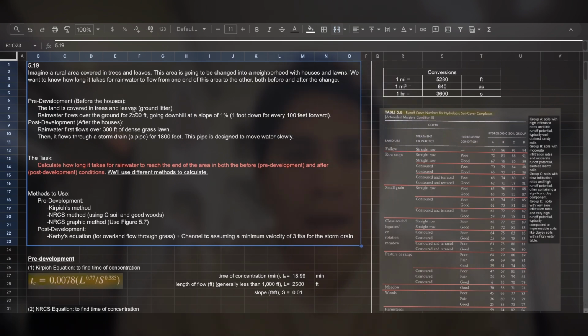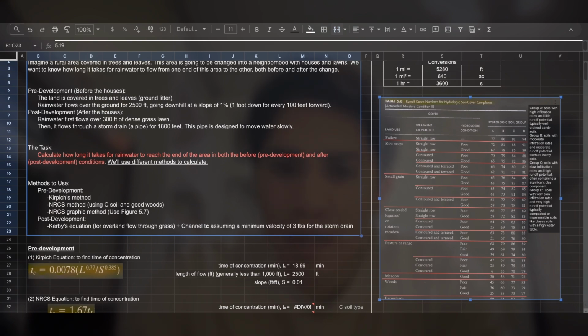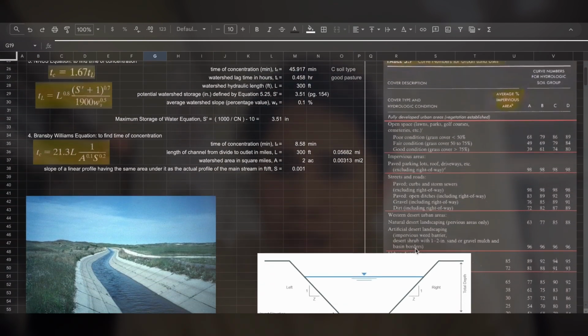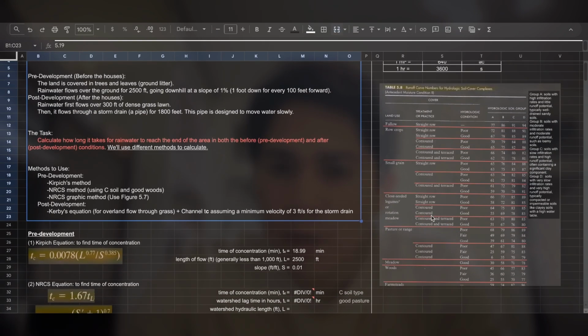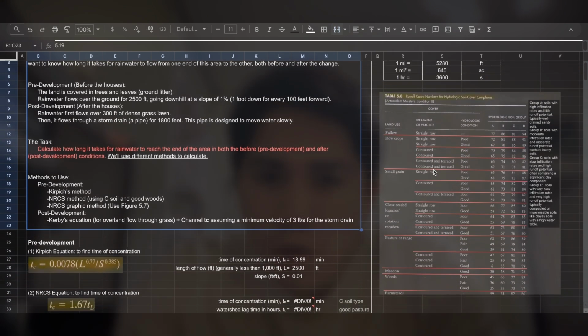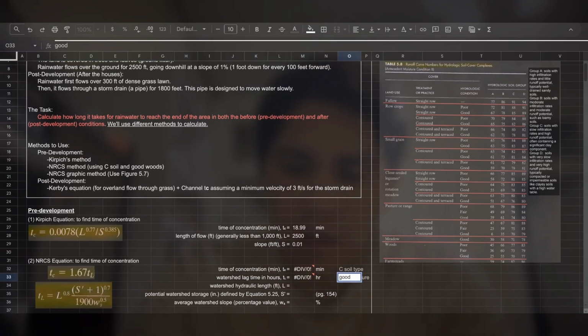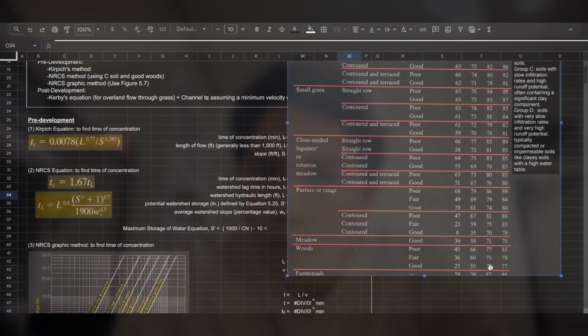So I didn't adapt that in here, but we might want to use that, and that's why I'm not using table 5.7 as I used before, because this table doesn't cover areas where there is a lot of wood. So we're going to use table 5.8, which gives us the curve number for hydrologic soil cover complexes. So in this case, for type C, good wood, we're gonna use a value of 70.